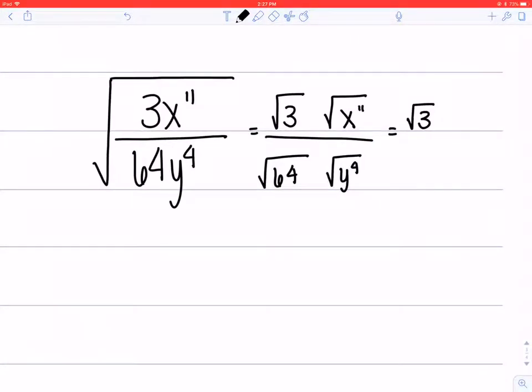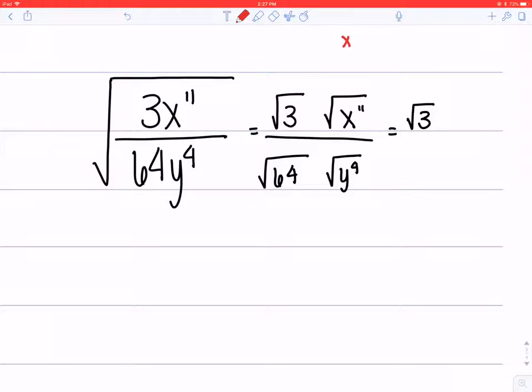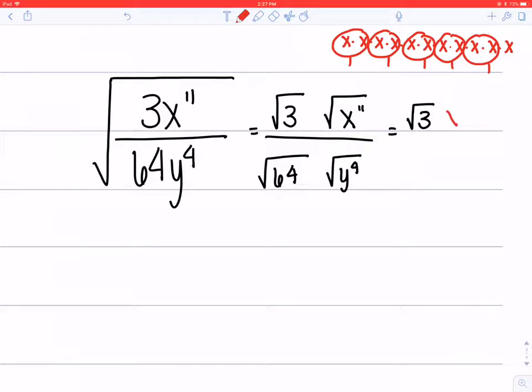Now x to the 11 means I'm writing out 11 x's. So 11 x's, I'm still in square root, so I'm going to pair them up. So I have 1, 2, 3, 4, 5 x's coming out, and 1 x left inside.